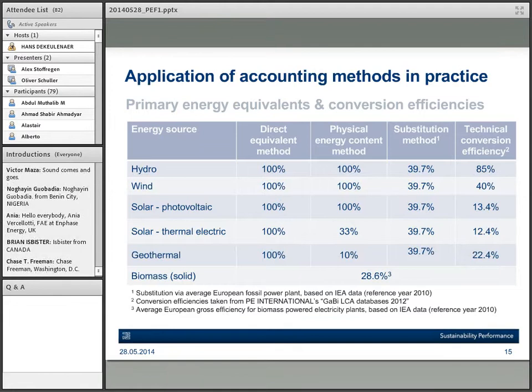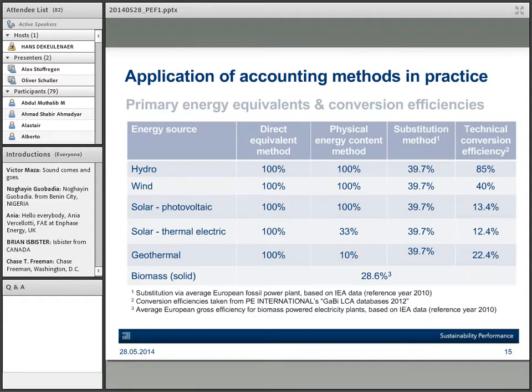If you look at hydro, the direct equivalent method and the physical energy content both result in 100% energy equivalent. So it means you need 1 megajoule of primary energy to produce 1 megajoule of electricity. The substitution method is for all energy sources around 40% here, and then you see technical conversion efficiency of 85%.